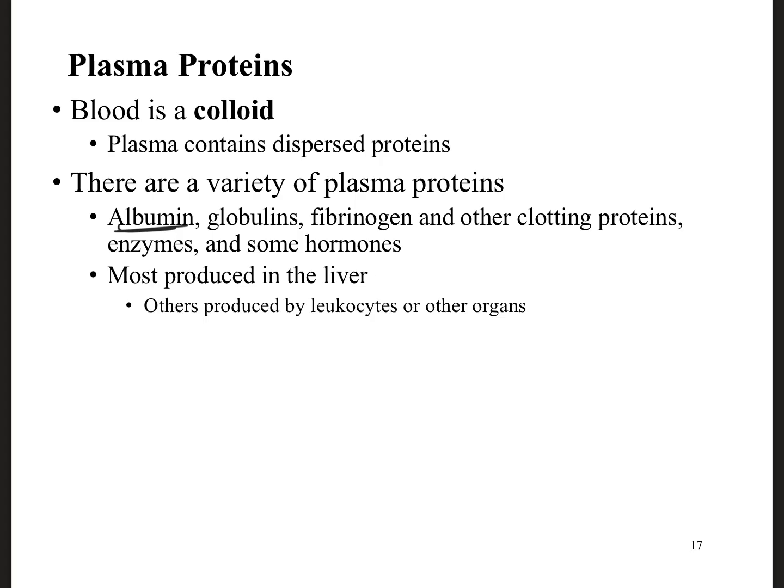There's some enzymes and some hormones that are also present in the plasma. Most of these are produced by the liver, right? And others are produced by leukocytes or other organs such as hormones. But albumin and fibrinogen, and some of the globulins, are produced by the liver, while leukocytes produce the globulins. But albumin is a big one for the liver and liver function. Okay? Questions?